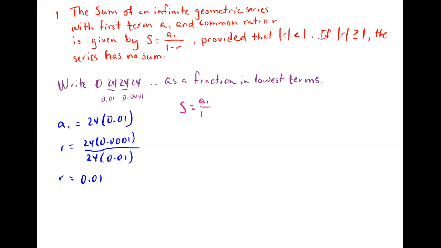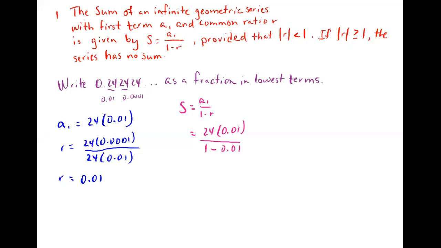I know that a subscript 1, I'm going to write as 24 times 0.01, and that's my 24 hundredths. That's my first term, and I'm going to divide it by 1 minus the value of my ratio, which was 0.01.